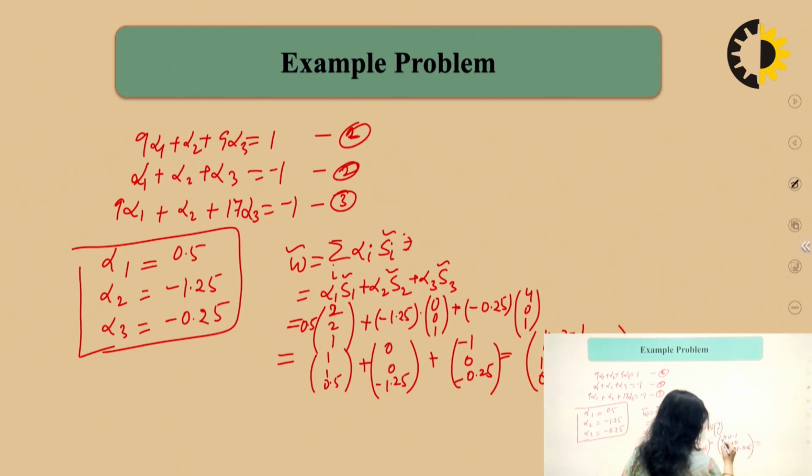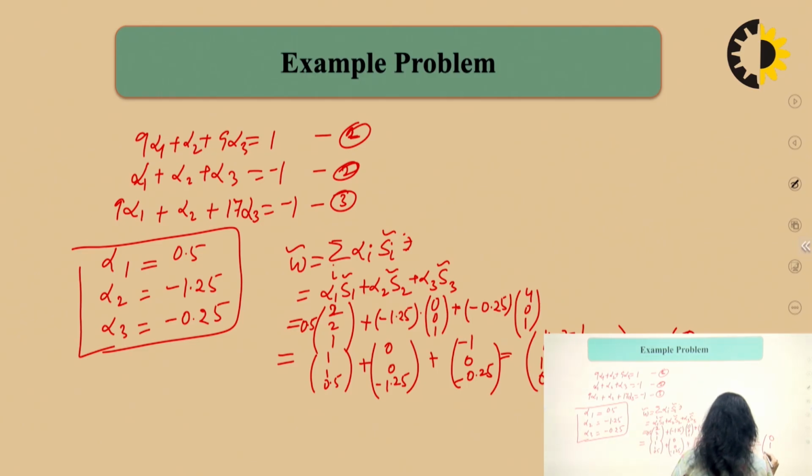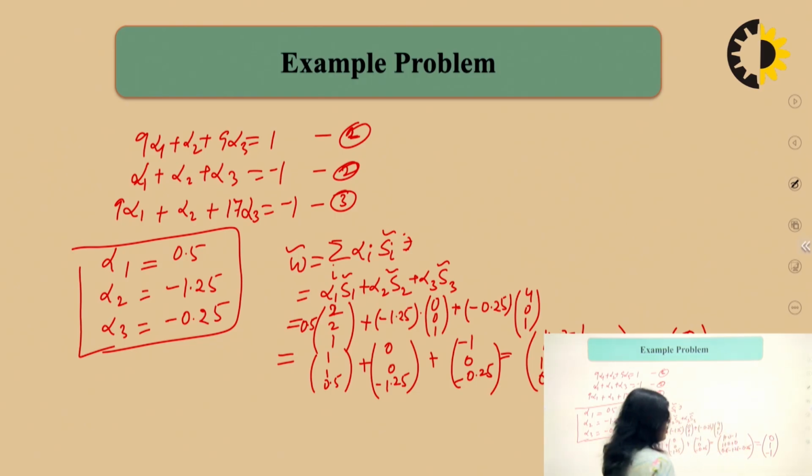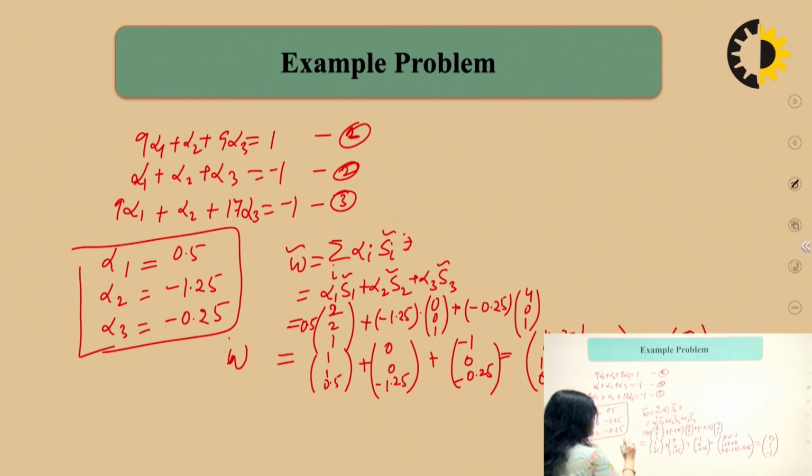When you solve this, this will come to 0, this will come to 1, and this will come to -1, right? So finally we got the augmented weight vector, which is W tilde, and we got it as 0, 1, -1.